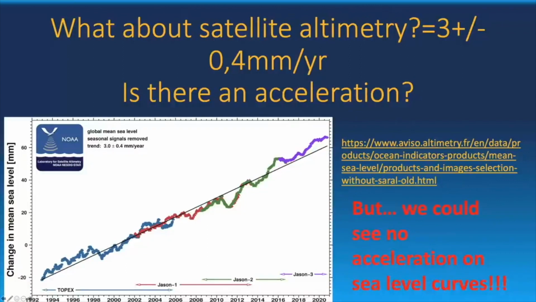And they show us an acceleration in sea level rise based on satellite altimetry. But as you have seen in the curves, that's why I was showing you a lot of curves, we couldn't see any acceleration in the sea level curves. So why can we believe in this so-called acceleration in sea level? I don't believe in that.